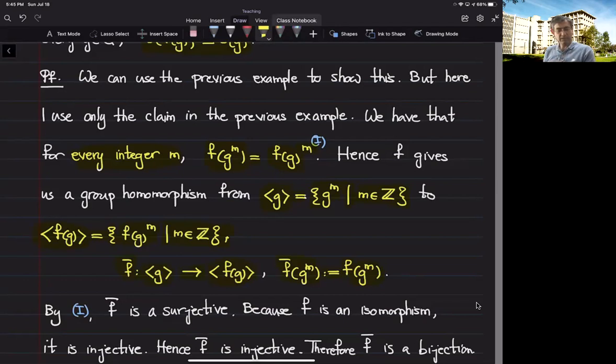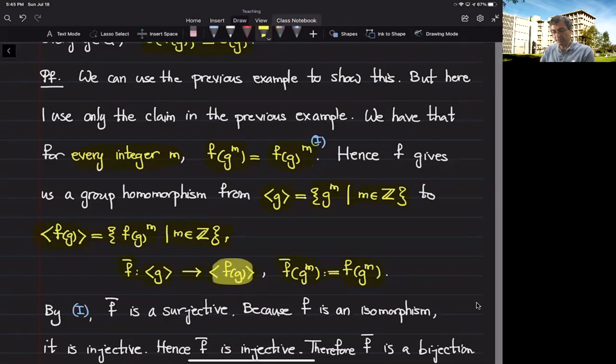So f bar applied to an element in the group generated by g gives me an element in the group generated by f of g. Therefore, this f bar is indeed well defined. It does give me something inside the codomain. Moreover, not only is it well defined, but it is also surjective.